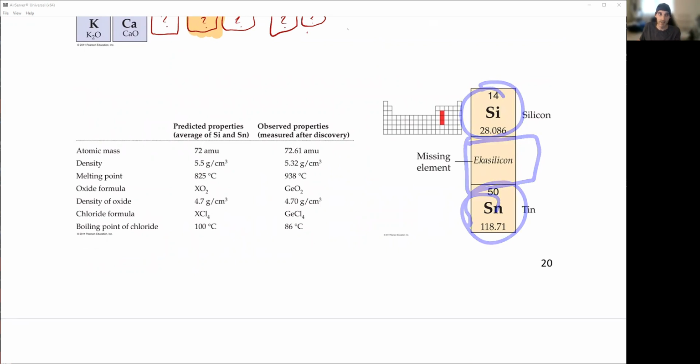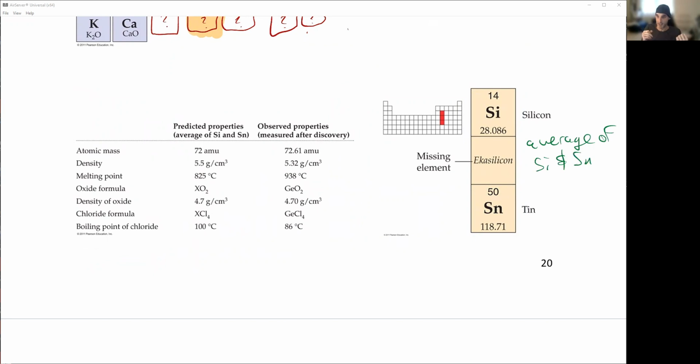They called this ecosilicon, basically a substitute, something they could put in the way. They stated that if silicon and tin have similar properties, the element between them is going to have the average of silicon and tin for those properties.